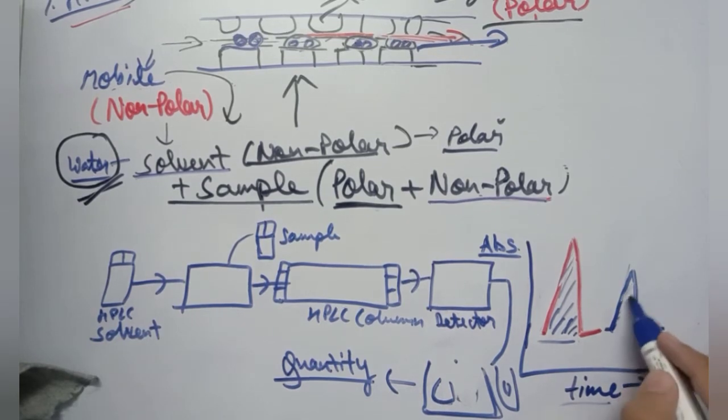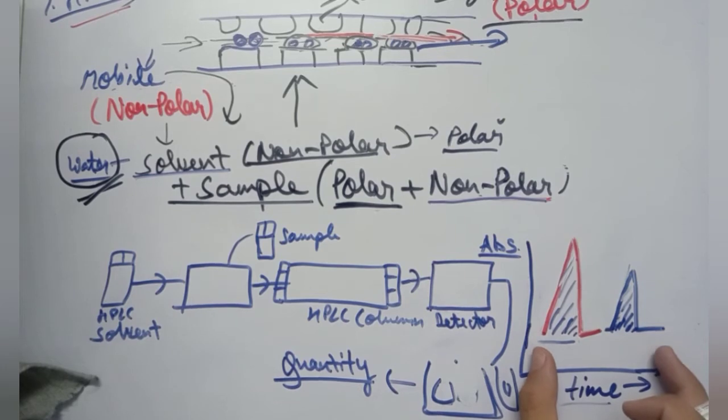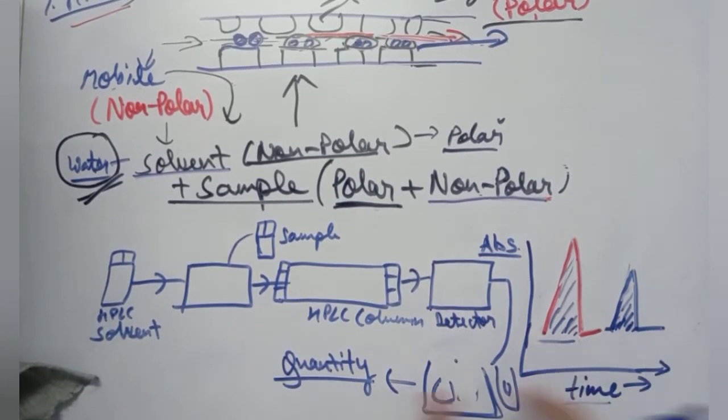And next, when we take the area of this, we can easily find the concentration of this polar component of the sample. So in this way we can find the concentration or quantity of these two components present in the sample which we have separated out.